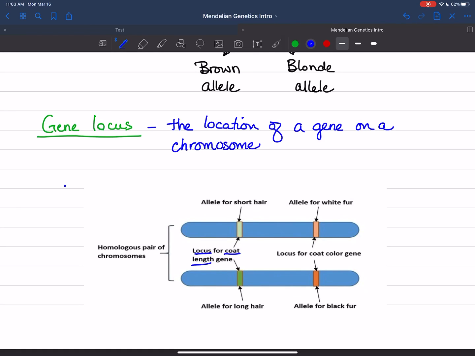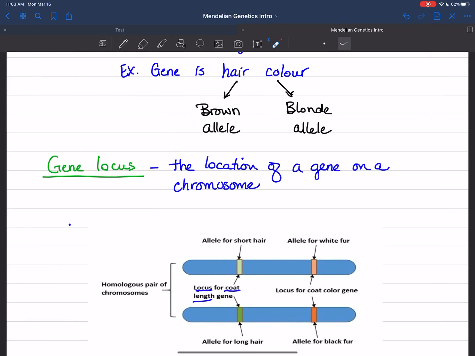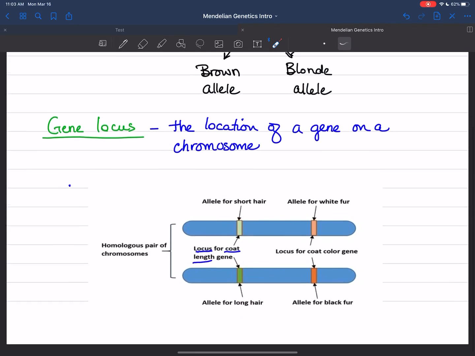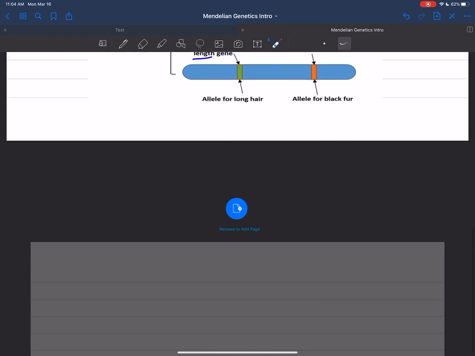And so for that particular gene, which is coat length, you can have short or you can have long. Okay, and then here we have another locus, for coat color, and so we can have a white or a black allele. Okay, so hopefully that is clear when it comes to gene locus.